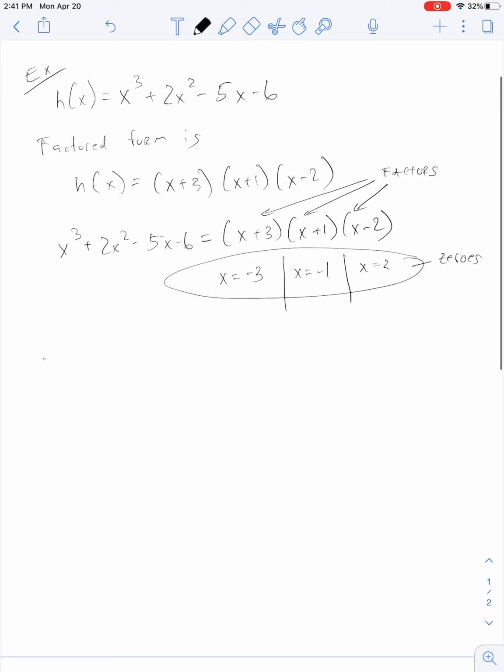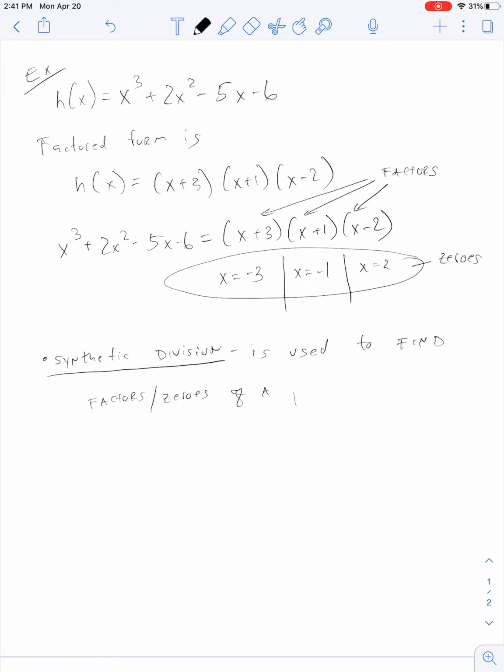All right, so synthetic division is used to find factors or zeros of a polynomial. Right?